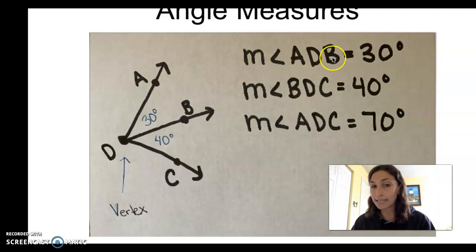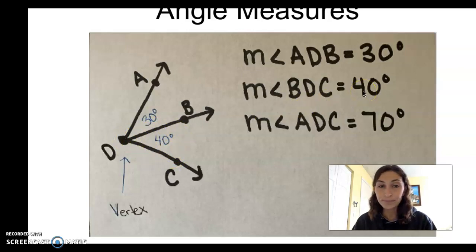Let's look at angle ADB. I can see that this angle right here is 30 degrees. So I'm going to write equals 30 degrees. I also may ask you, what is the measure of angle BDC? If I'm looking at angle BDC, I could say that is a 40-degree angle.